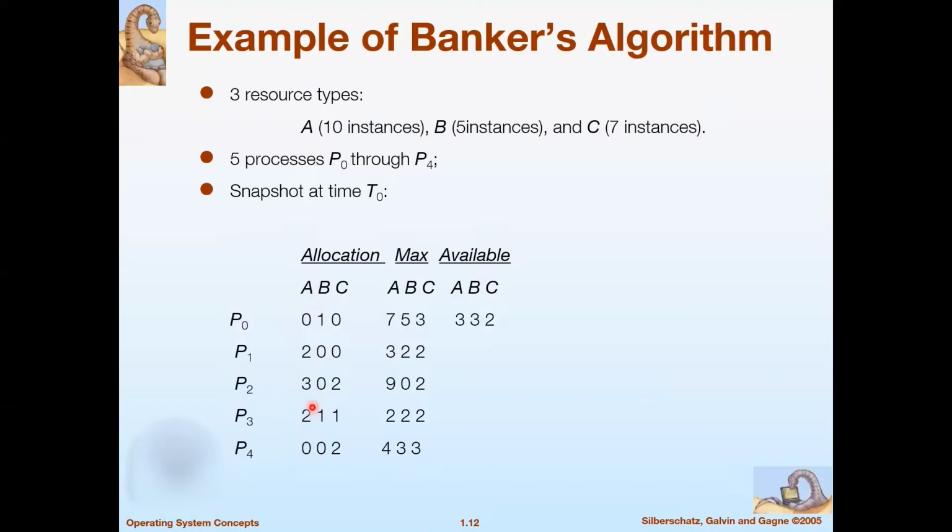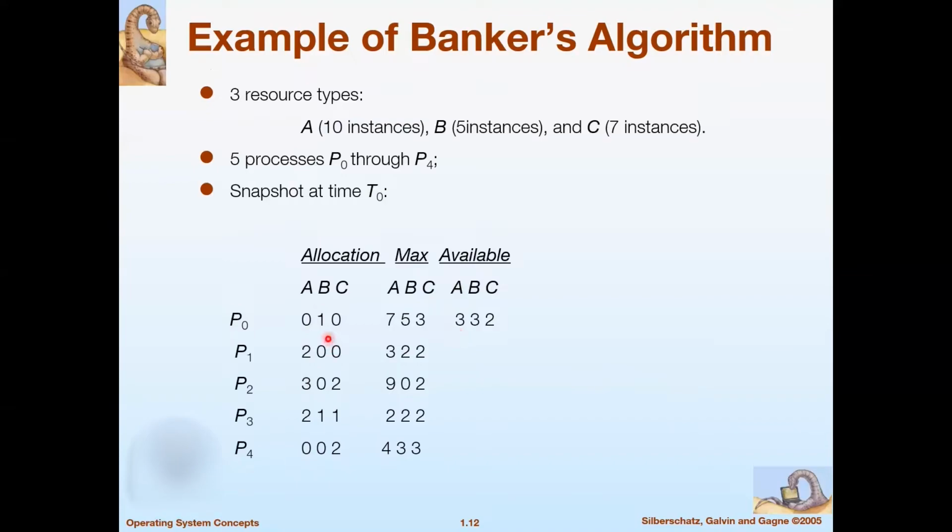And the maximum number of resource of type A in the system is 10. So out of 10, we have already given 7 instances to the processes. So in available, we will now have 10 minus 7, that is 3 instances of resource type A available.